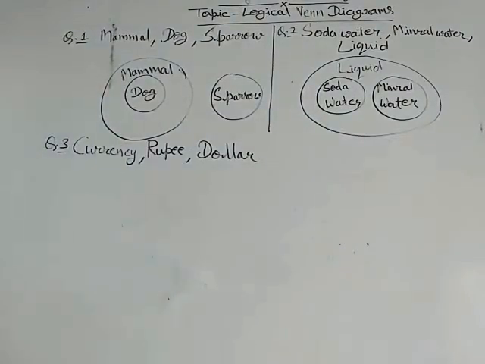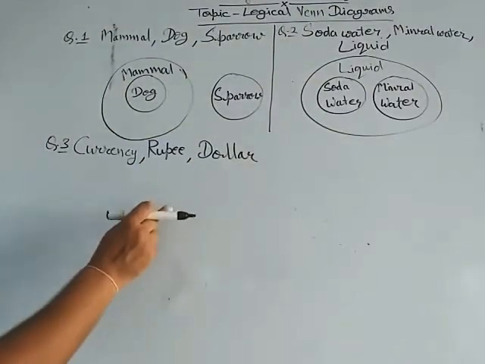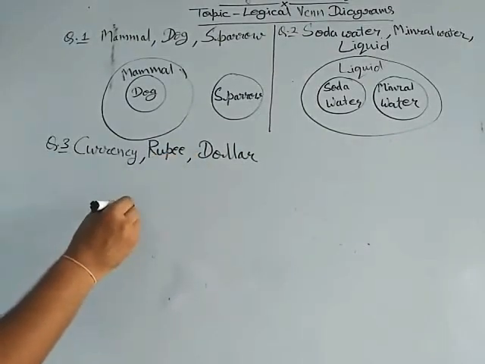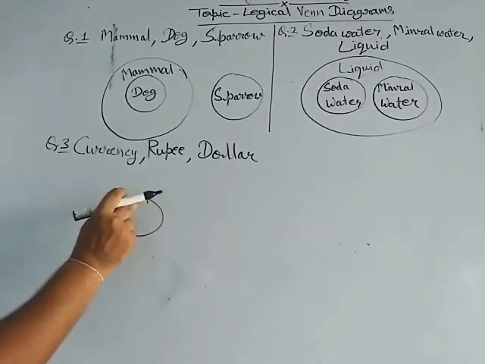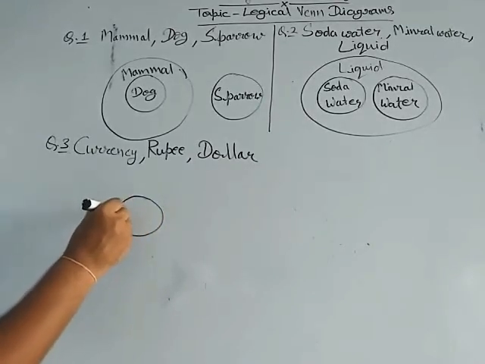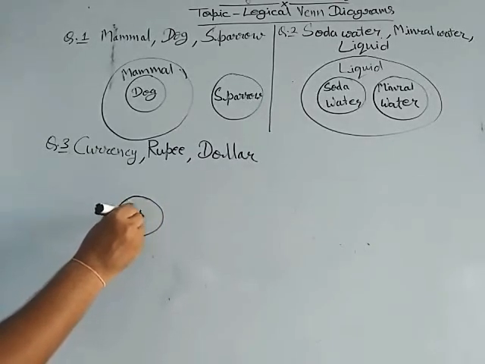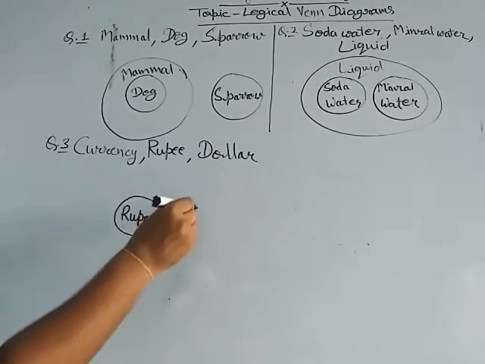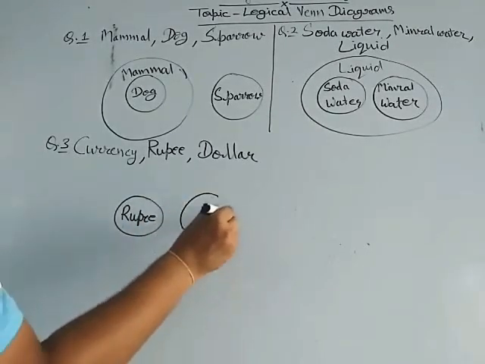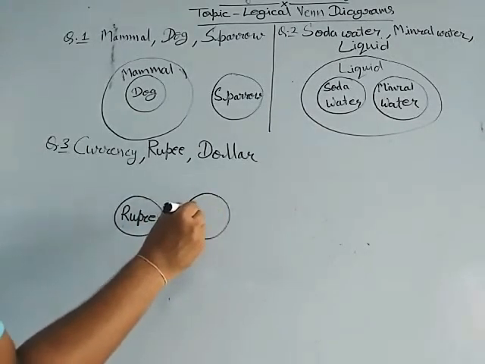So let's start. First of all, rupee and dollar are different from each other, so here is the circle for rupee and here is the circle for dollar.